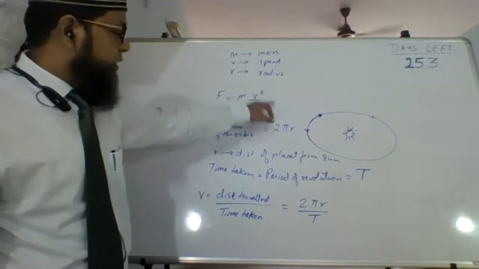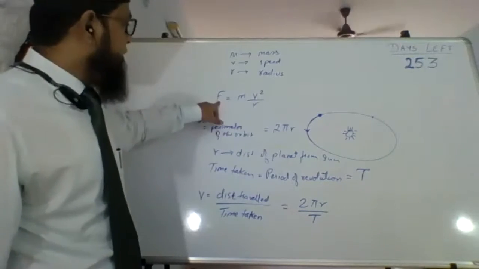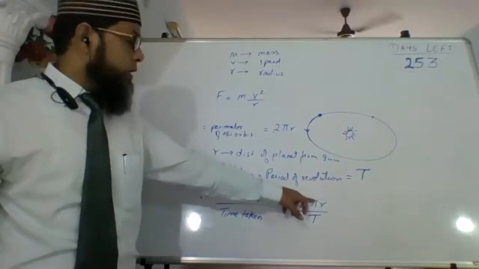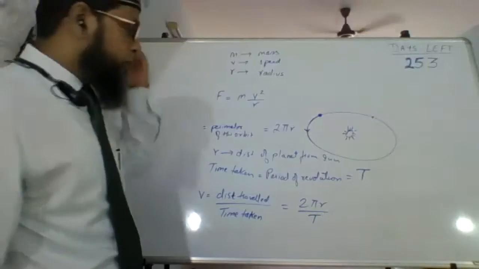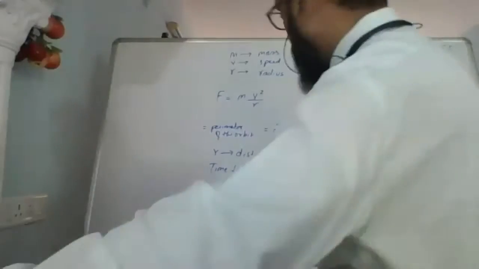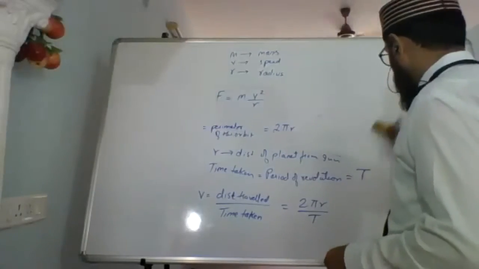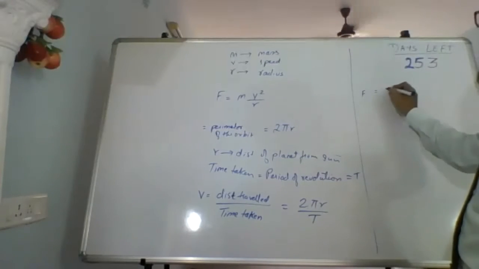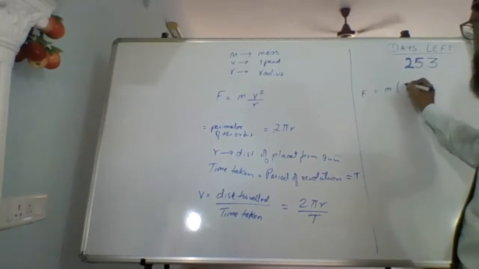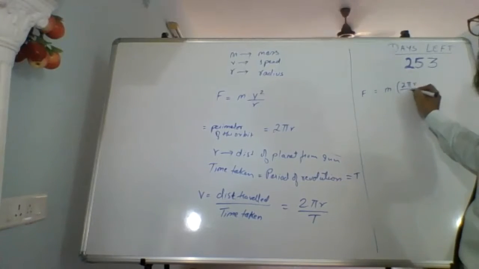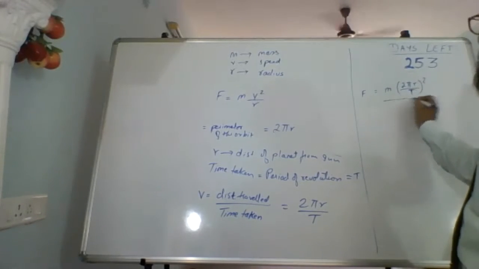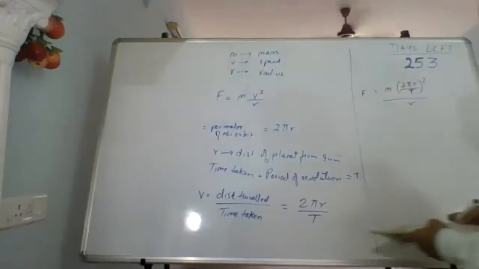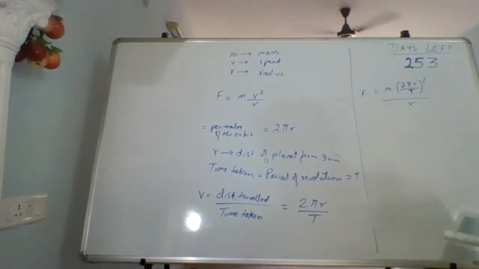Now for v we are going to substitute this. We have written F equals mv square upon r. That v we have found is 2 pi r upon T. Therefore F equals m, and in place of v square, 2 pi r upon T, the whole square, divided by r.